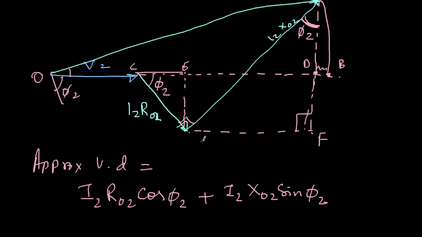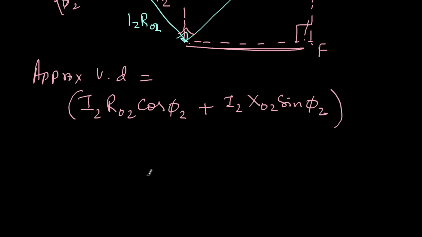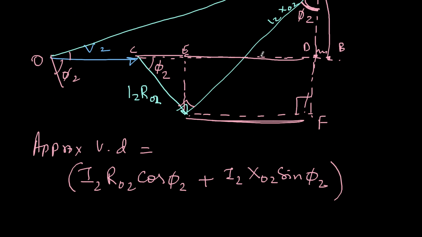So if I do this, then I'll get this length. This length is nothing but equal to ED length. And if I add it, this is my expression for voltage drop. So there is no j here, that's what you should notice, because we are just solving it geometrically. Here you should not keep j. So I2 R02 power factor plus I2 X02 sine of that angle. This term will give you the voltage drop.